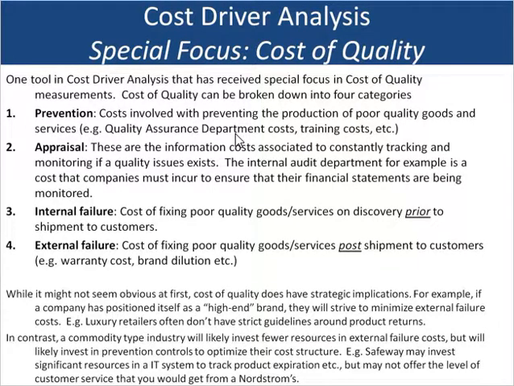It might not seem very obvious why and how quality may have an implication, but if you're a luxury retailer and you have an external failure, so all of a sudden someone realizes that these luxury items are actually being manufactured at the same shop that a down-the-street vendor can manufacture in.